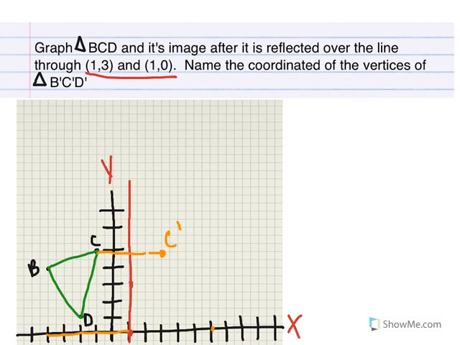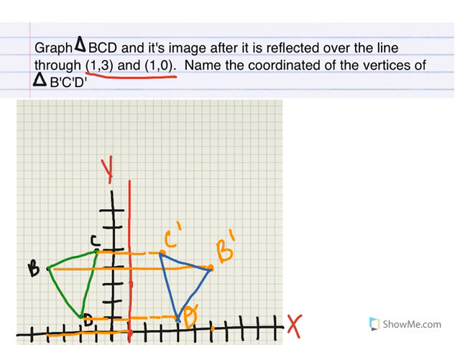Since my line is vertical, it's going to stay vertically where it was. It's just flipping across the line. So it's staying on this line, and it'll go here. This will be B prime. D prime is just 1, 2, 3 spaces, so we'll go 1, 2, 3 spaces here. And I have reflected my triangle over the line through 1, 3, and 1, 0.